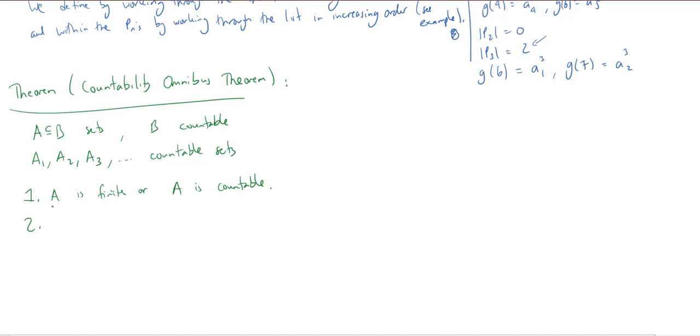Second, let's say I take the union over all of these A sub n's, right? So I take the union over all A sub n. So that's a union of countable sets. And the claim is that this is also countable. Okay, third, what if I take a Cartesian product of these A's?